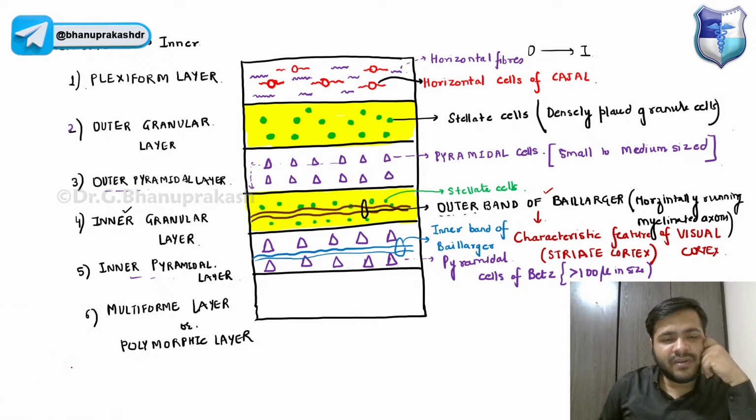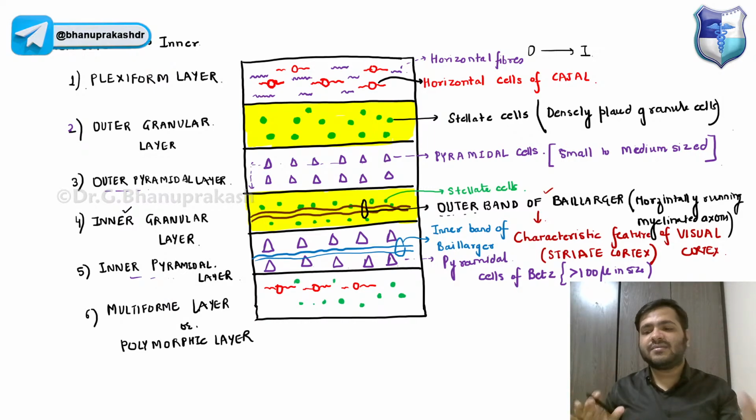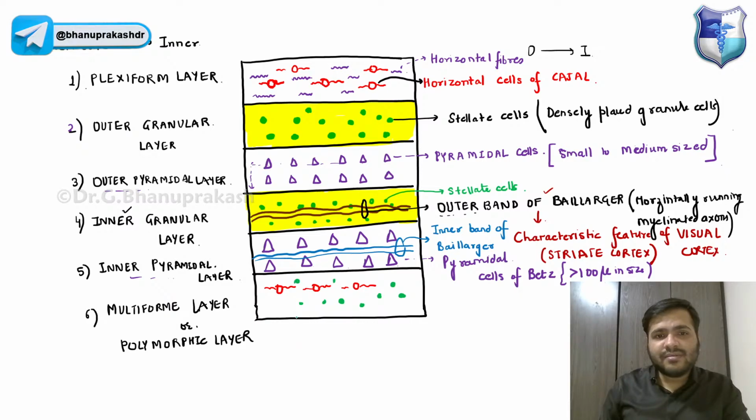You can see the horizontal cells of Cajal, and you will also see the granule cells in this particular layer. So it is a mixture of all kinds of cells, and this is continuing below.